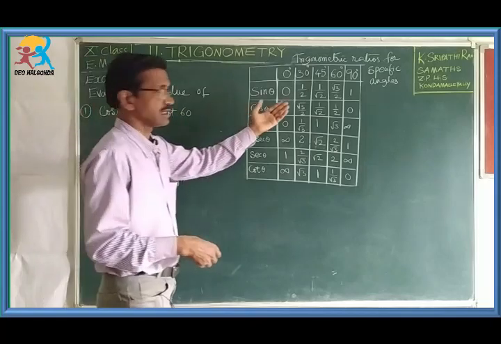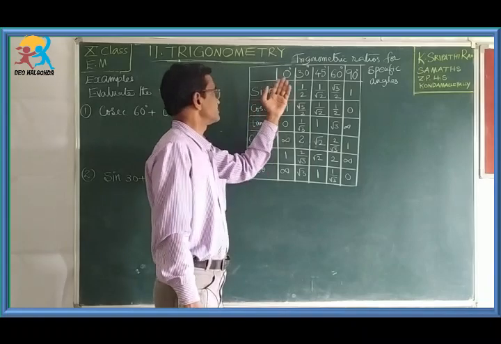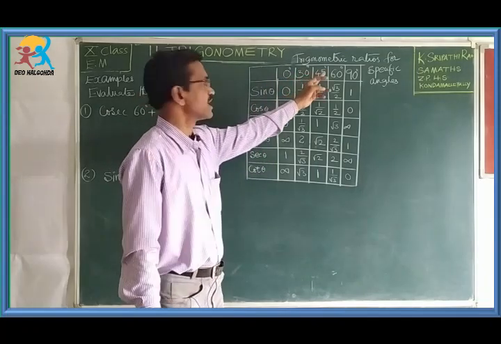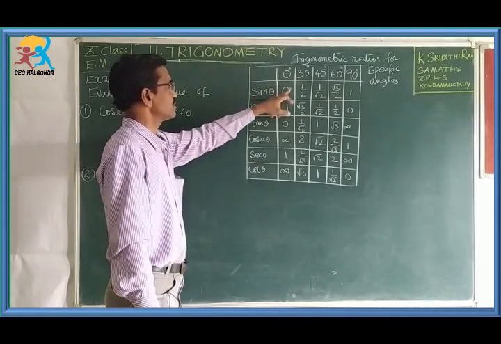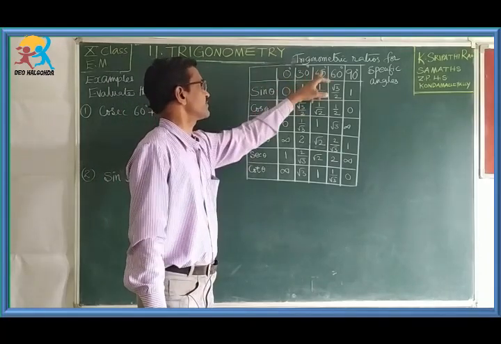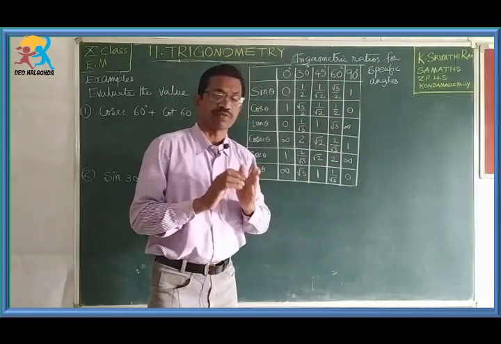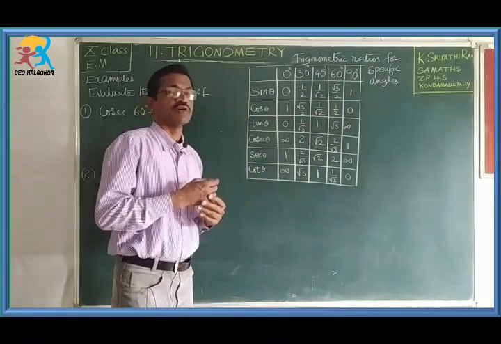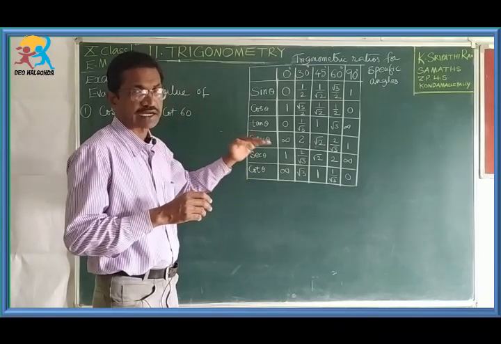This is the table of trigonometric ratios for specific angles: 0 degrees, 30 degrees, 45 degrees, 60 degrees, 90 degrees. Here sin 0 is 0, sin 30 is 1 by 2, sin 45 is 1 by root 2, sin 60 is root 3 by 2, sin 90 is 1. You have to memorize all these values. Whenever it is asked, you have to say the answers correctly.